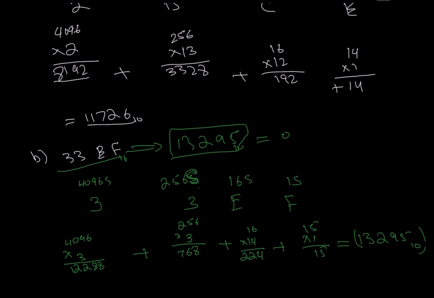For 3, binary is 0 0 1 1, and that's 3 and 3. And E is 14, so that will be 1 1 1 0, and F is 15, so there will be 1 1 1 1. So that is the binary representation of 33EF.